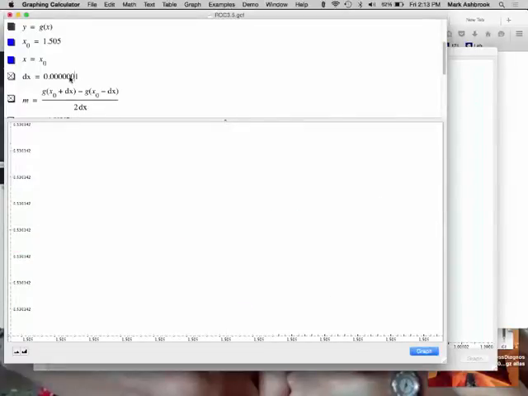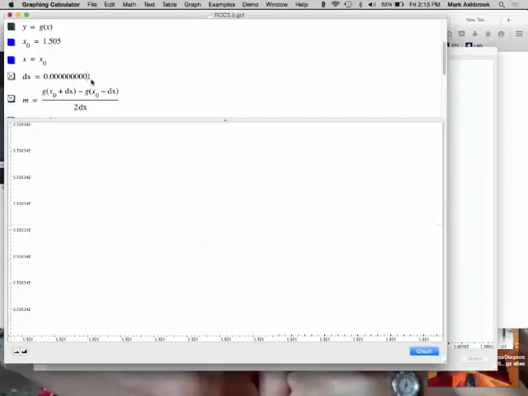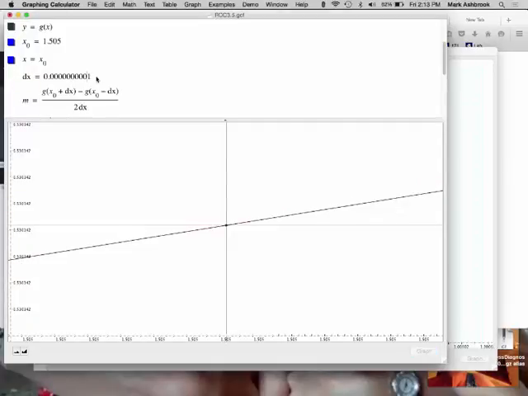Until our dx shows up on the screen, even more. There it is. Okay, so maybe I went in further than I needed to, but it works.